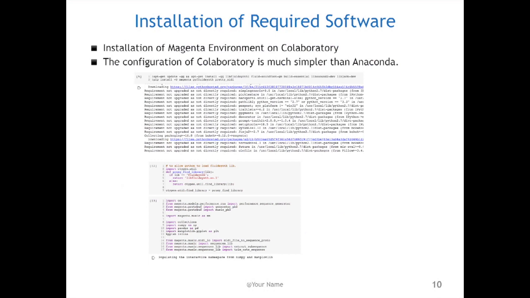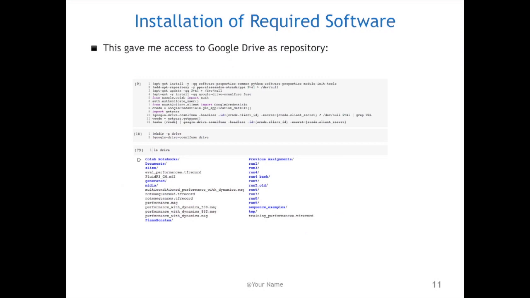Actually, the configuration for Colaboratory was much simpler than Anaconda. I installed some packages and some needed libraries. I also installed some other packages to give me access to Google Drive to use it as a repository.